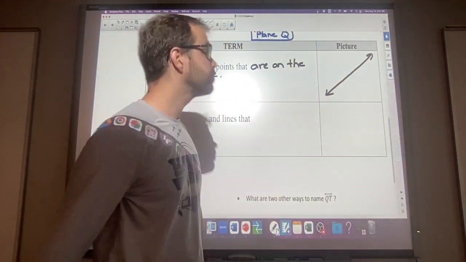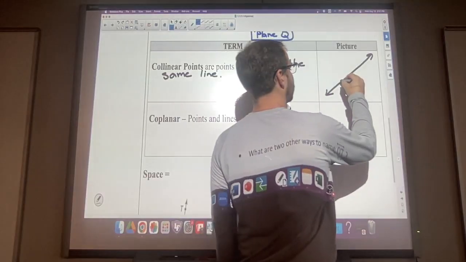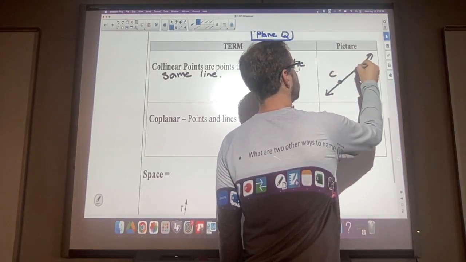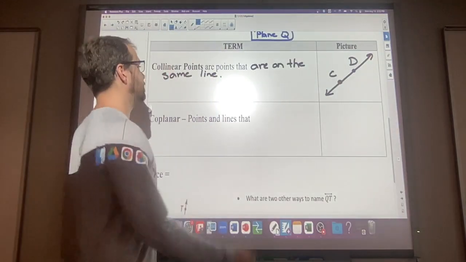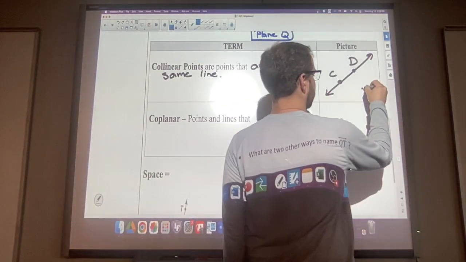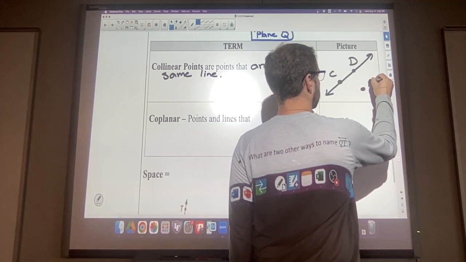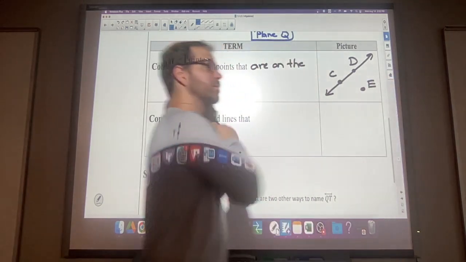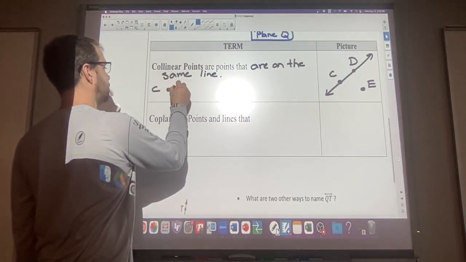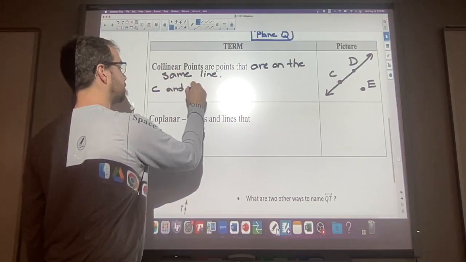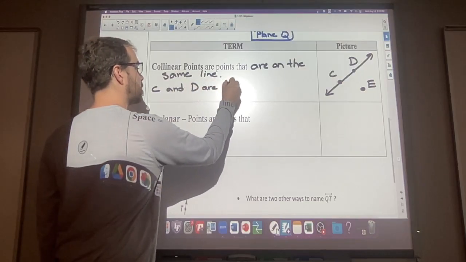All right, so if you have a line, and let's say we have point C and point D, and let's say we have point E here. Let's say that C and D are collinear.